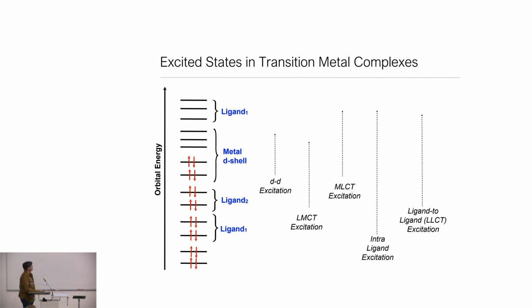And so you can classify the excitations that happen in a transition metal complex broadly as dd excitations, that is moving electrons around in the d shell.